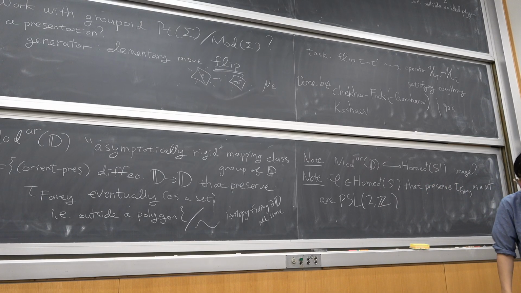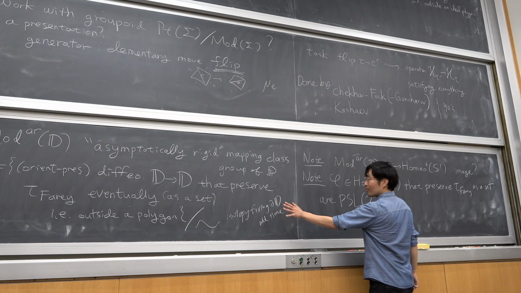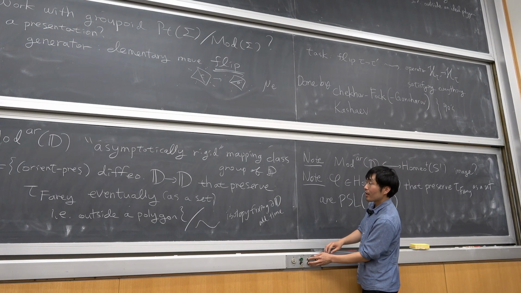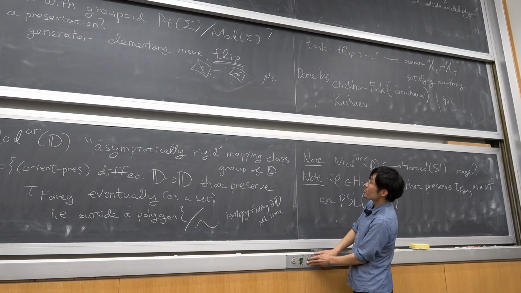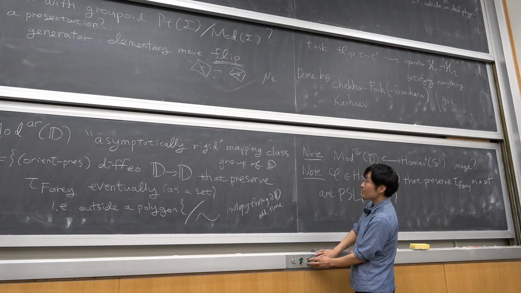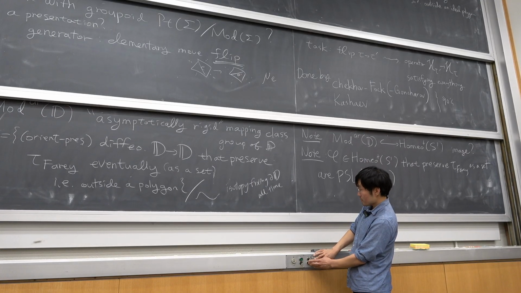And therefore, you can also see that these things that preserve Farey eventually are exactly the piecewise PSL2Z homeomorphisms.